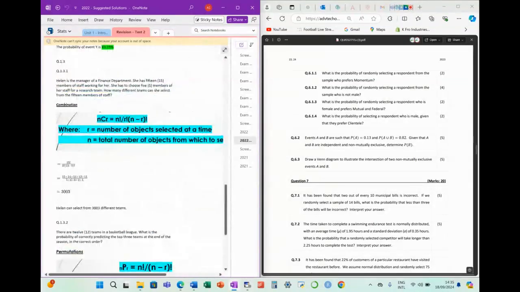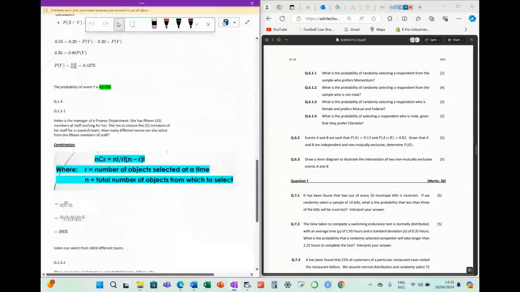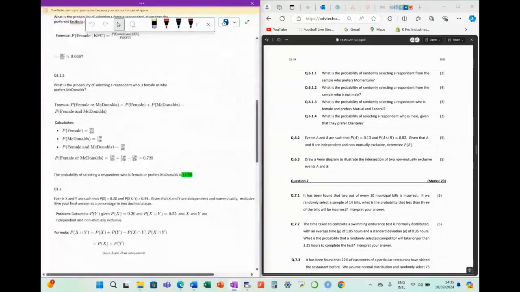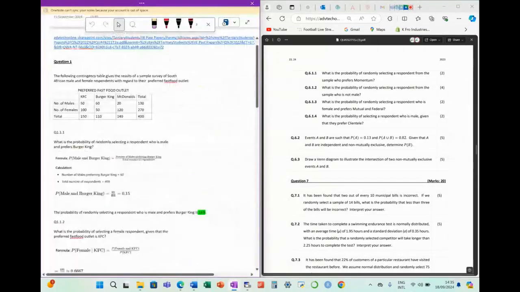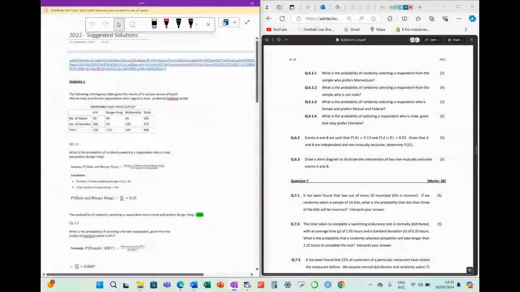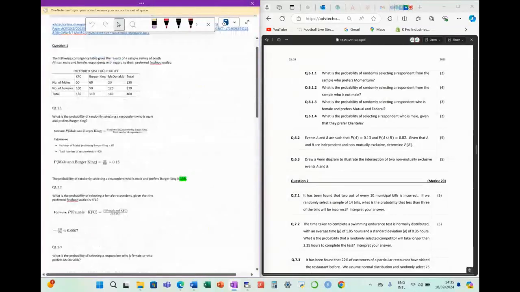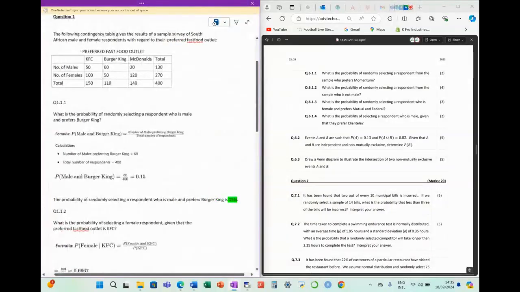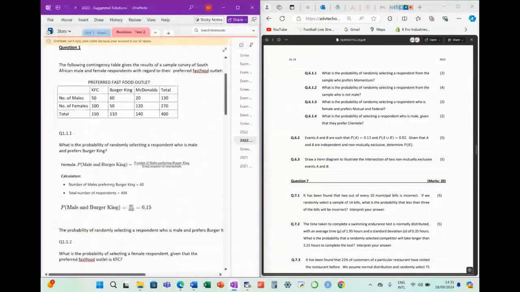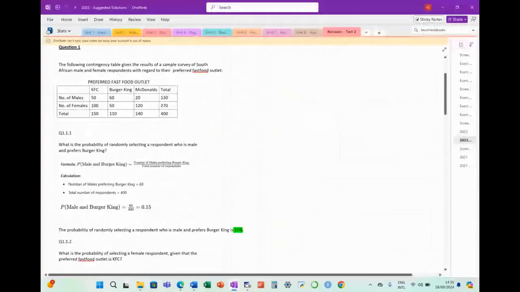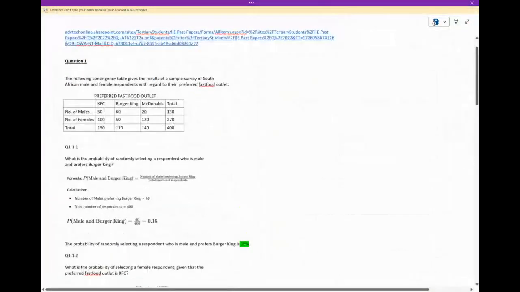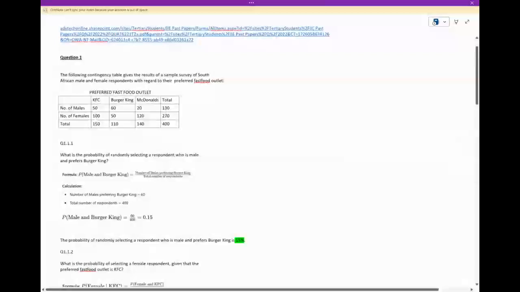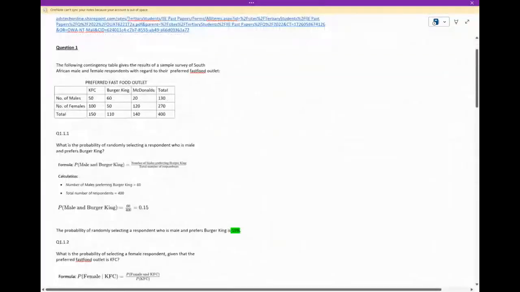Here you'll see it's much like what we did with 2021. Again, they've given us a contingency table.